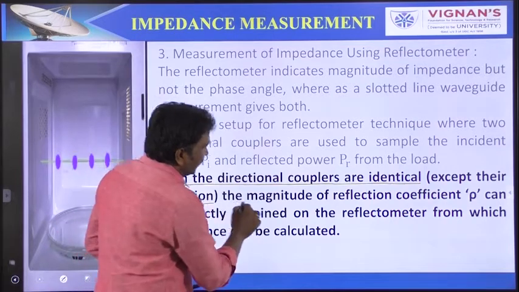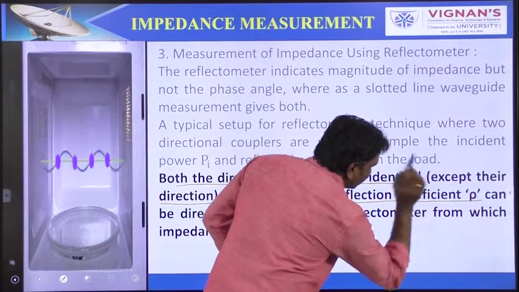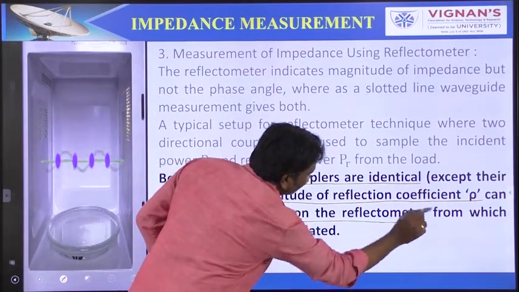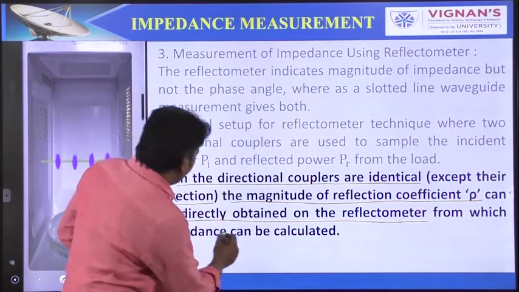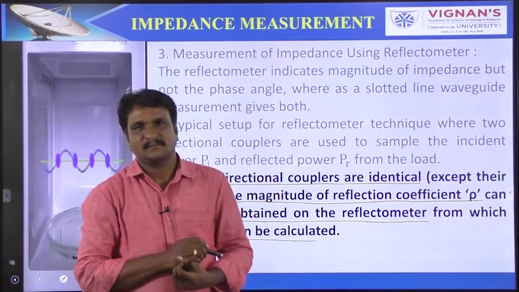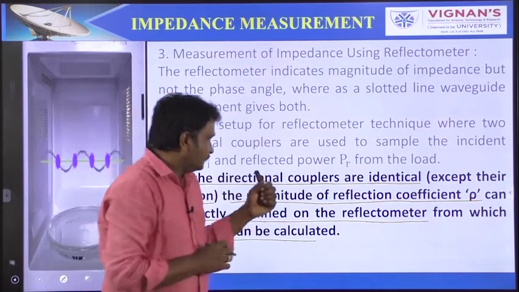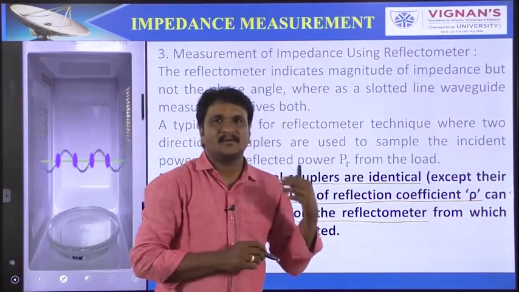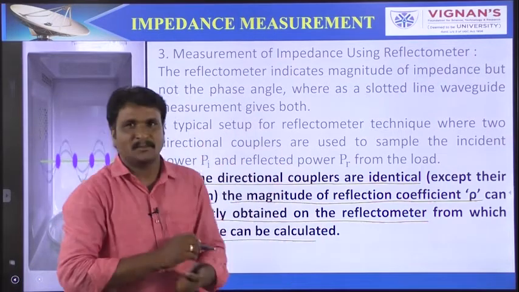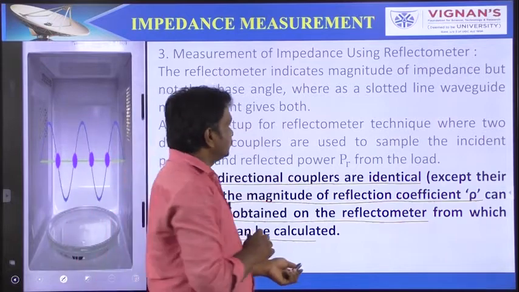The magnitude of the reflection coefficient rho can be directly obtained on the reflectometer, from which the impedance can be calculated.